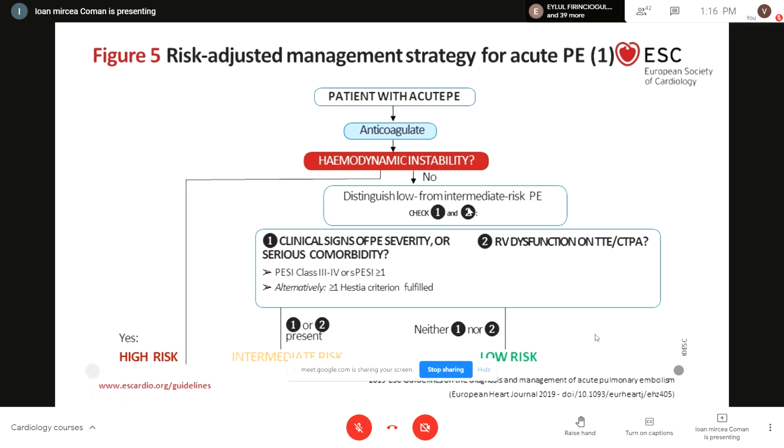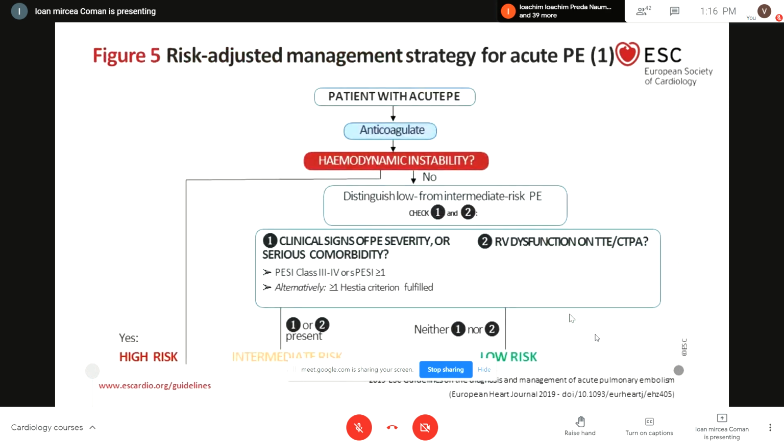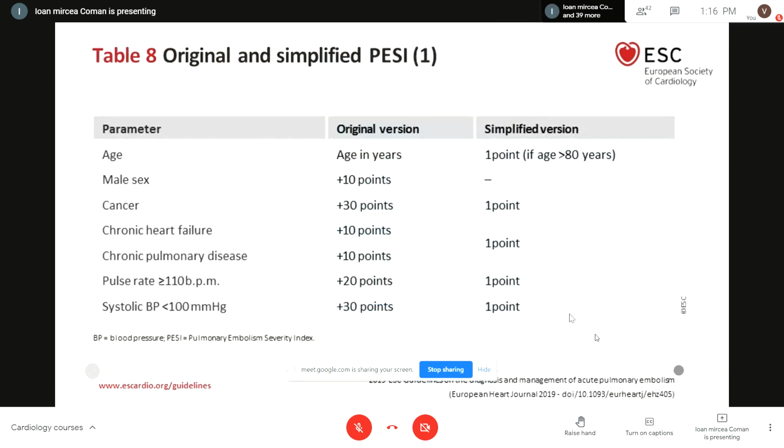While not having signs of severity, not having right ventricular dysfunction, then he is a low risk patient and we can be not so aggressive and we might even discharge him quite early.